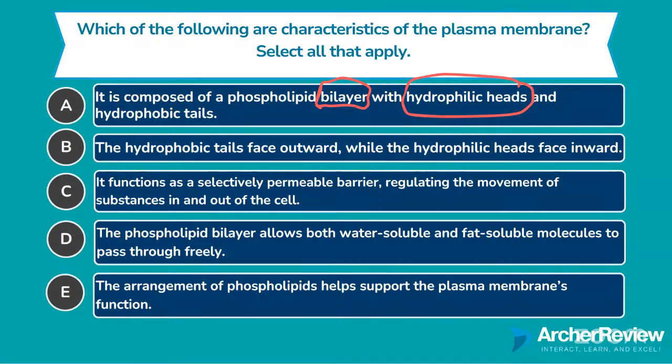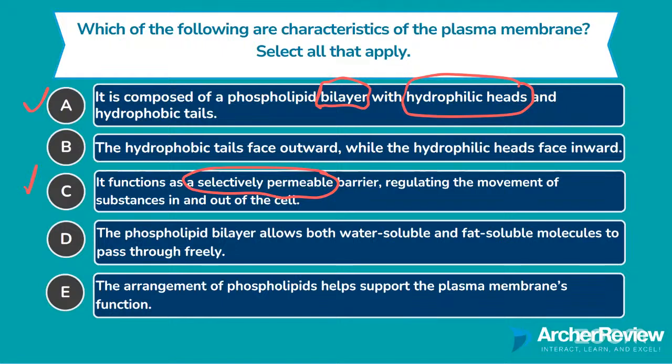I'm going to go through the correct ones this time, and then we'll take a look at the incorrect ones. Our next correct answer was C. It functions as a selectively permeable barrier, regulating the movements of substances in and out of the cell. Remember this idea of selectively permeable? I joked yesterday and said that the cell membrane is kind of like the bouncer of a really fancy nightclub, and he only determines who can enter very selectively.